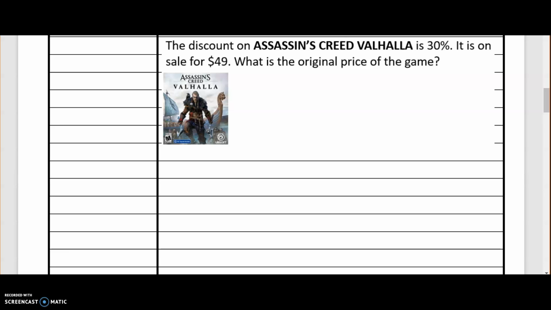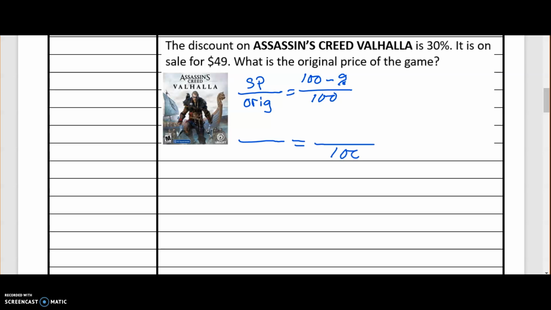So again, I like to use the ratio sale price over original equals 100 minus the percent over 100. Okay, so the discount. So we're going to go ahead. Line equals line 100.